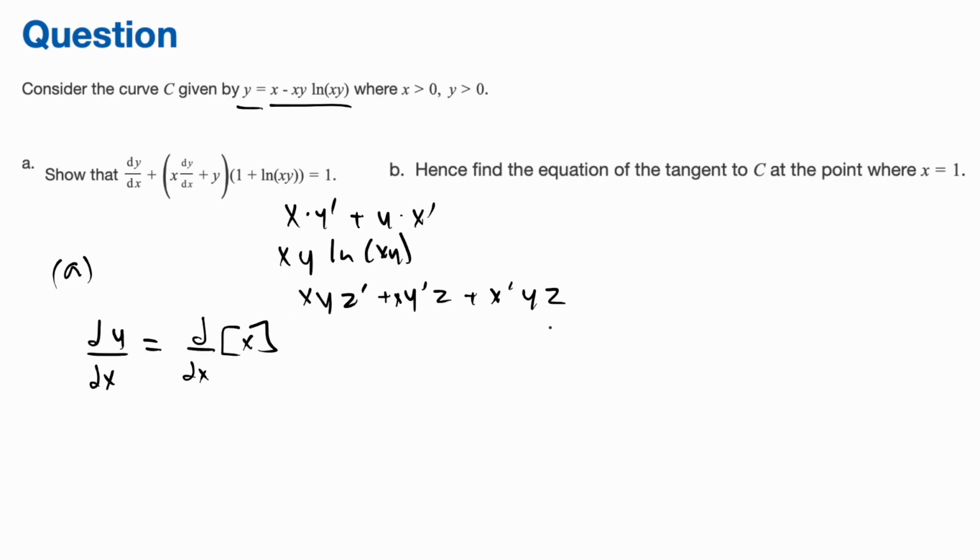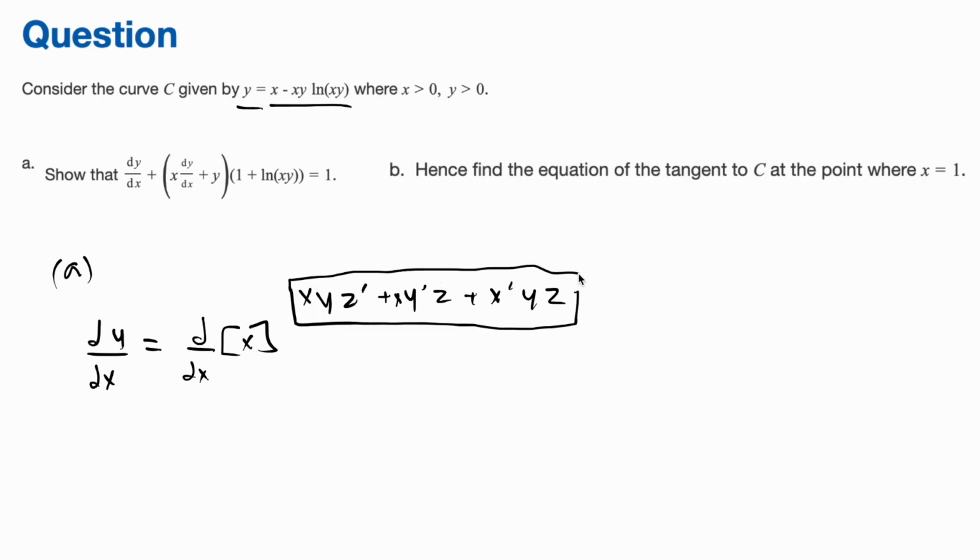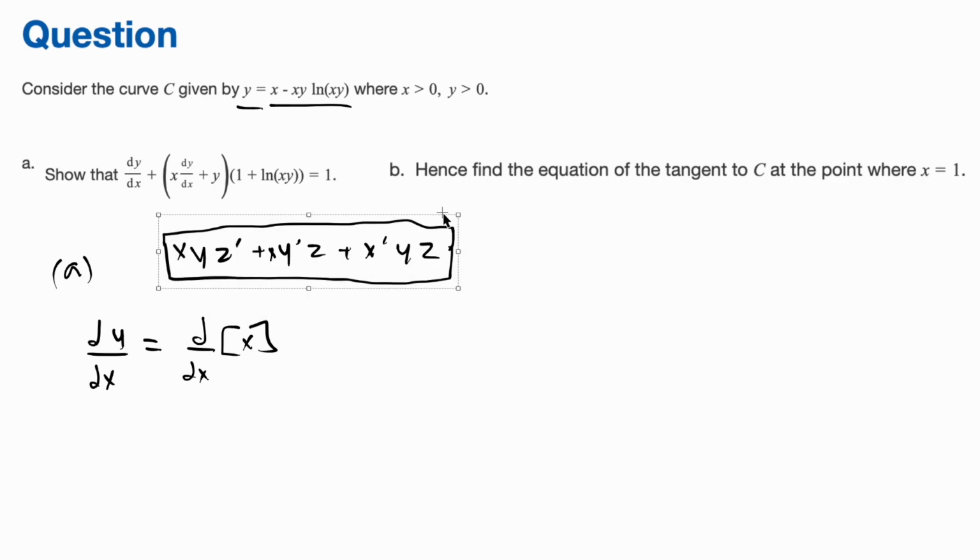Because we have 3 different terms to differentiate using product rule, we have to use this product rule variation. So I will just lasso this formula up here so that we can refer to it as we use the product rule for this question.